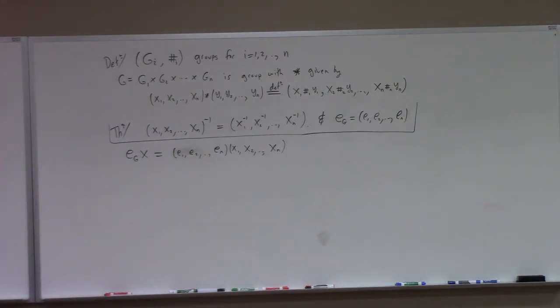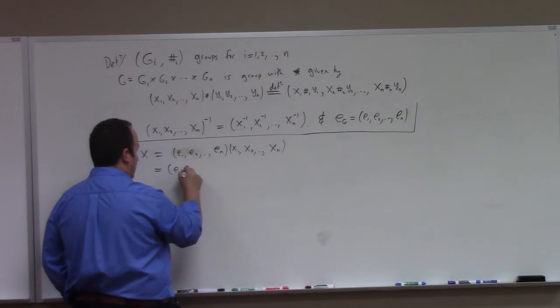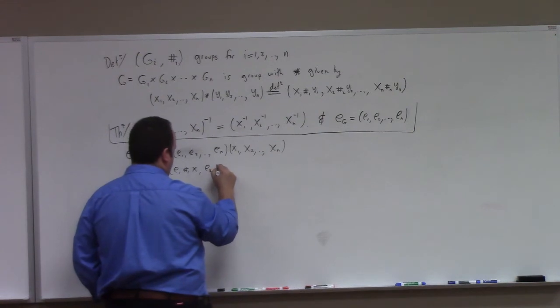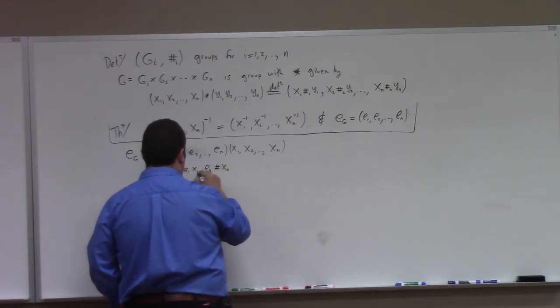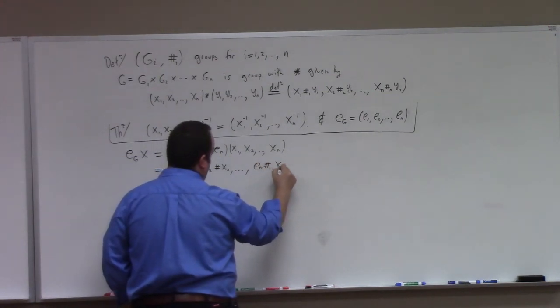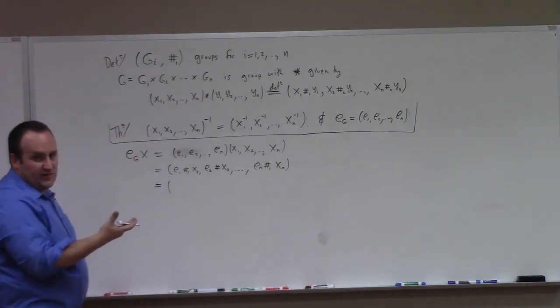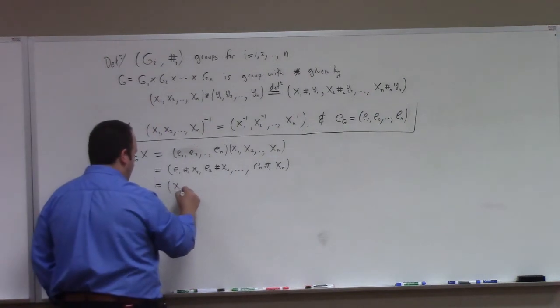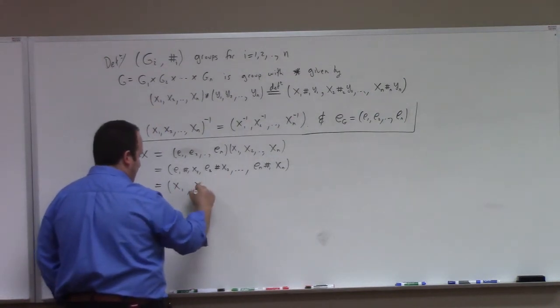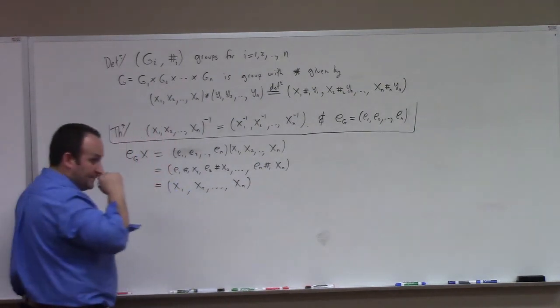So EG star x is (E1, E2, ..., En) star (x1, x2, ..., xn), but by definition, this is (E1 x1, E2 x2, ..., En xn). Because that's the identity in G1, that's just x1. Because that's the identity in G2, that's just x2. Because that's the identity in Gn, that's just xn again.